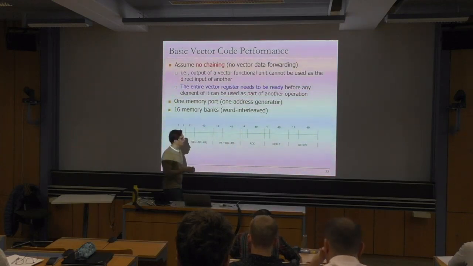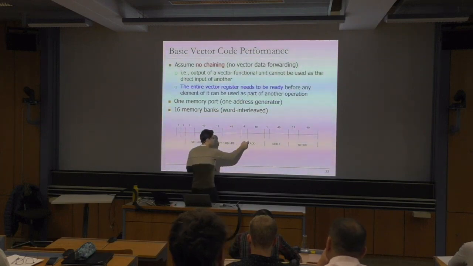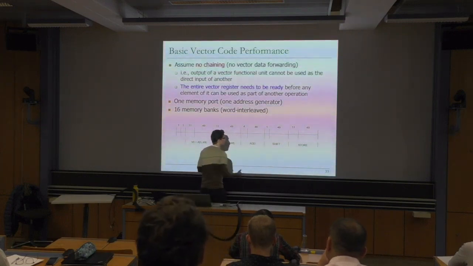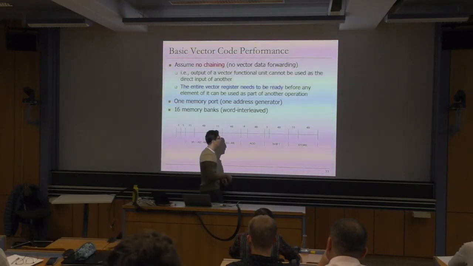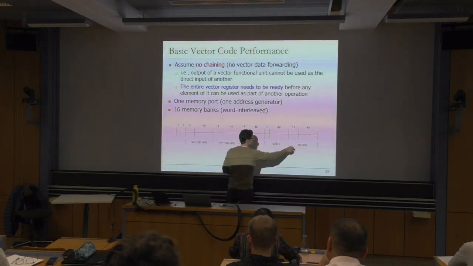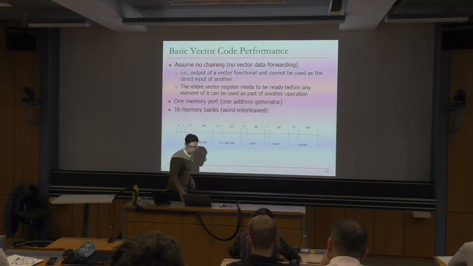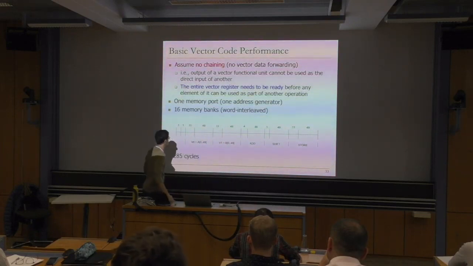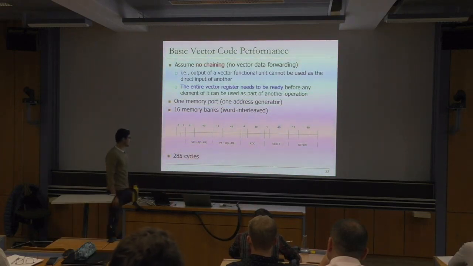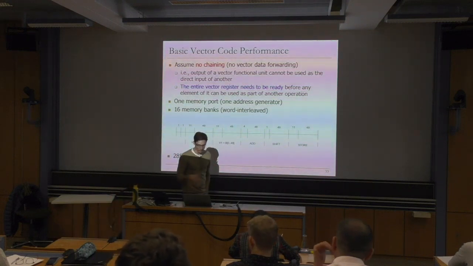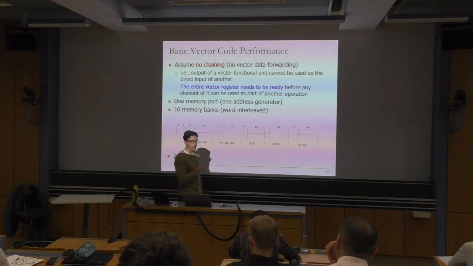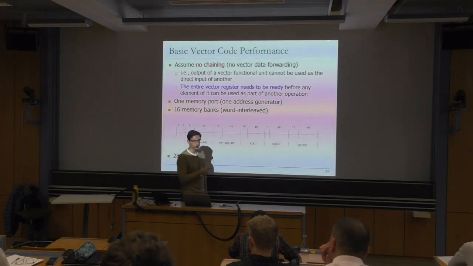Again, for the first addition we need 4 cycles, and then we will be obtaining the addition results in the next 49 cycles for shift and for store. So this in total is 285 cycles, which is already a strong reduction. It's like 5 times faster or so than the sequential machine, right?